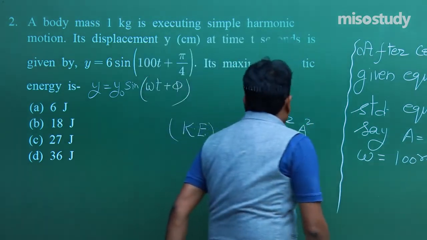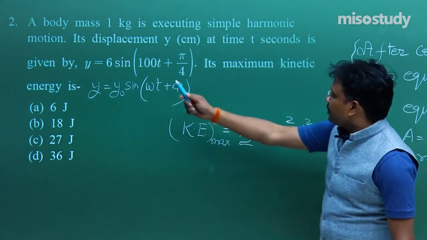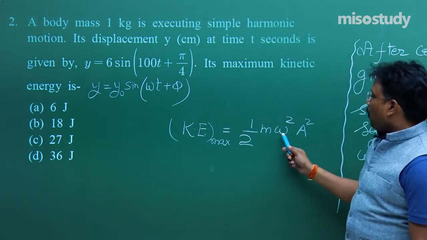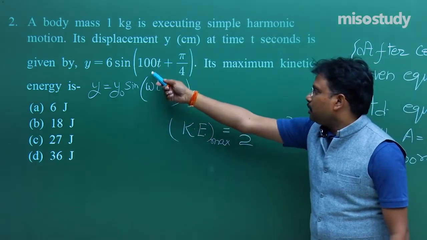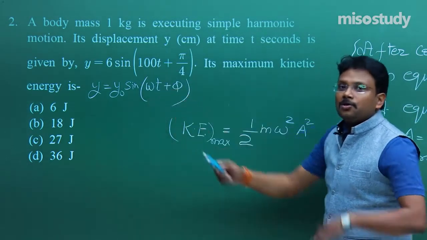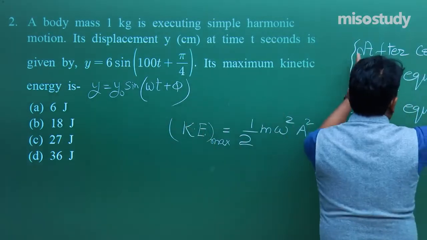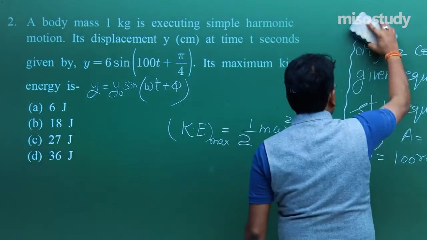Now, I am going out of your view. Here mass m is given as 1 kg, omega we just concluded is 100, and a is 6. So, let us put the values using this formula at this place, fine.